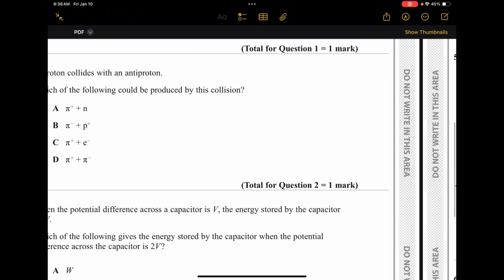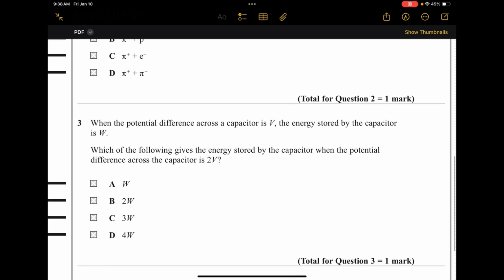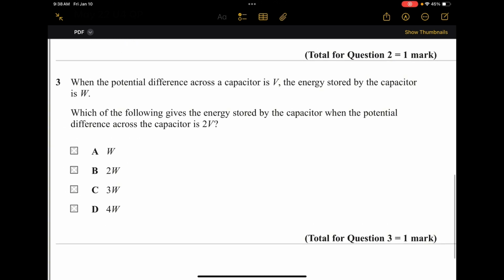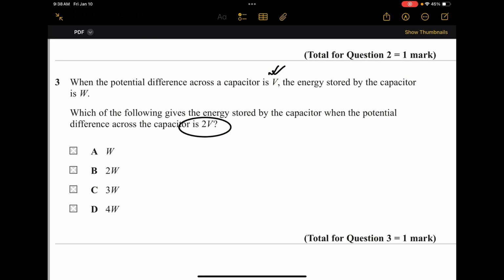Now moving to another difficult question. We can see right here, when the potential difference across the capacitor is V, the energy stored by the capacitor is W. Which of the following gives the energy stored by the capacitor when the potential difference is 2V? So the potential difference has increased from V to 2V. Now we know they have asked us about the energy stored. We know energy is equal to half CV squared according to the formula.